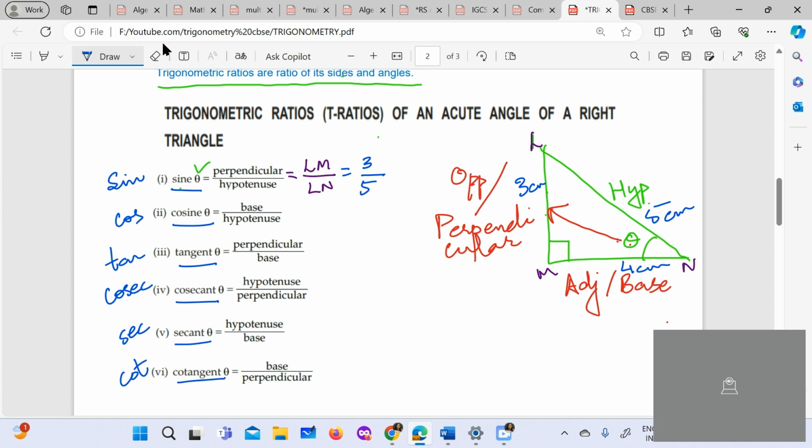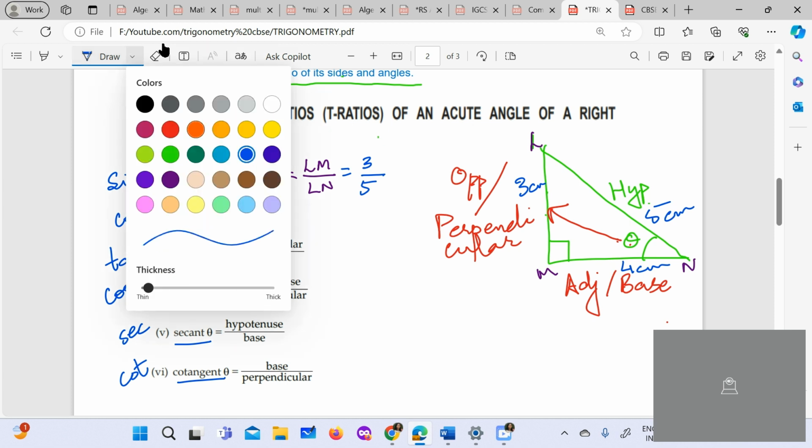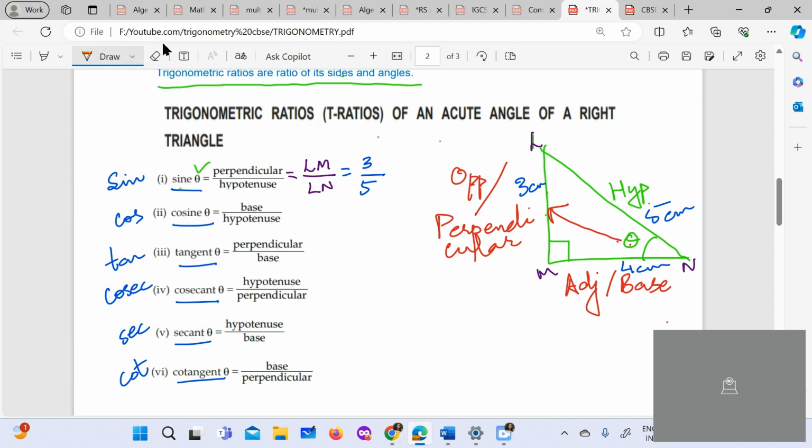Now we will go with another one. Look here, cos theta. Cos theta is base upon hypotenuse, right? So what is the base here? If you look at this, this is your base. So I will write it here. Always mention the side or measure, everything you mention, so that you don't make mistakes while writing the values.